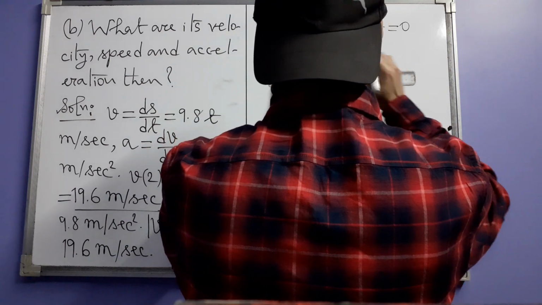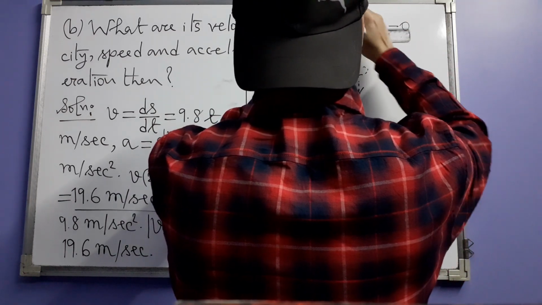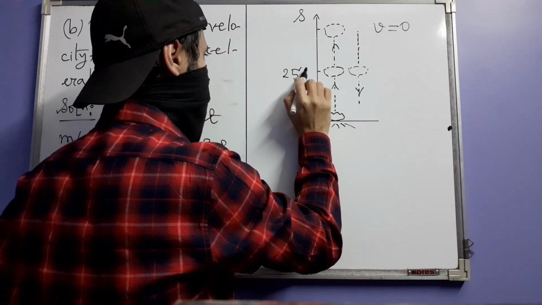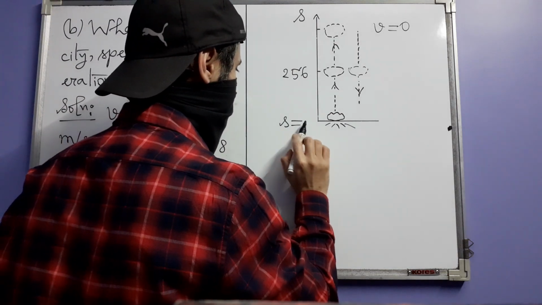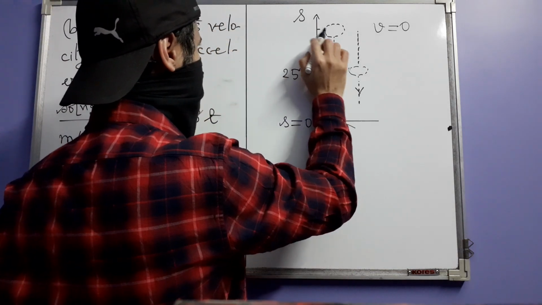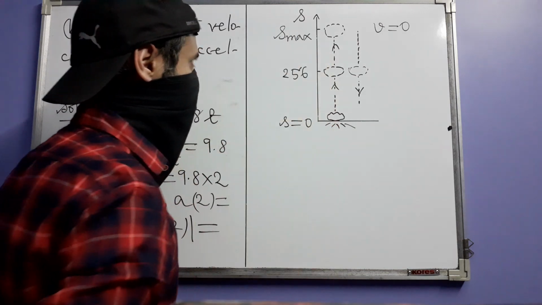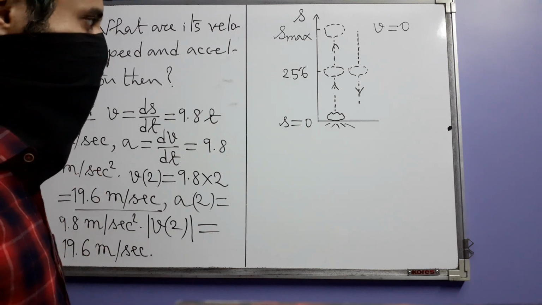Now at this height, something has been asked. This is the height 256. This is the height 0. And this is the maximum height that the rock reaches. So it's being denoted by S max.